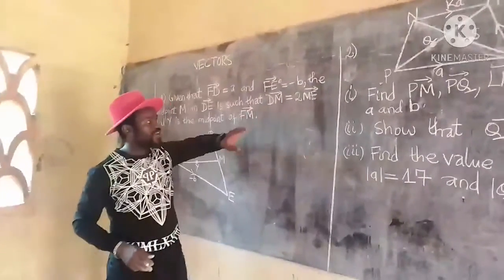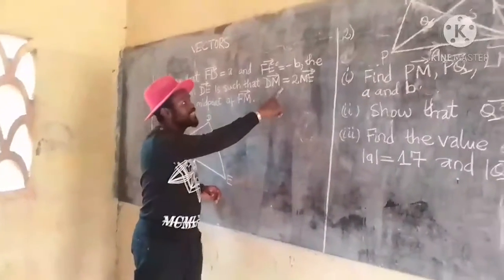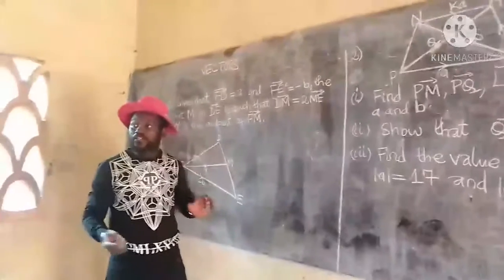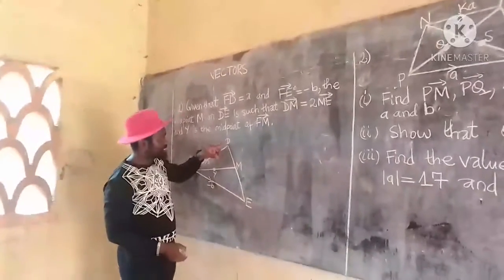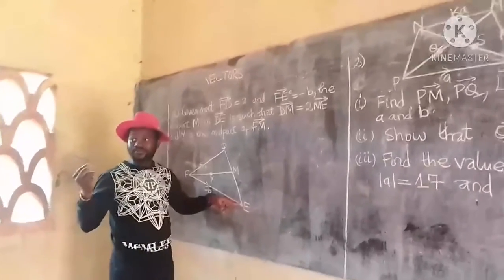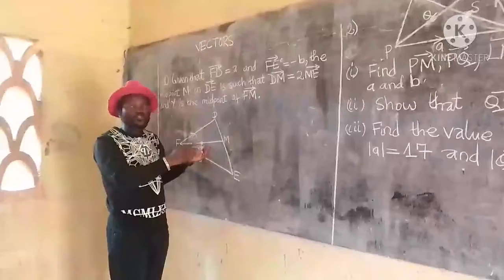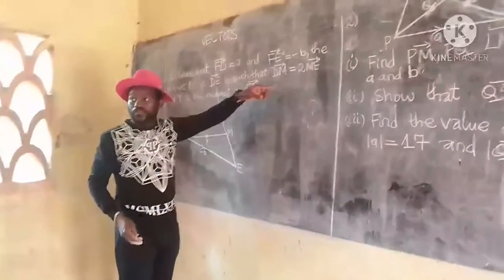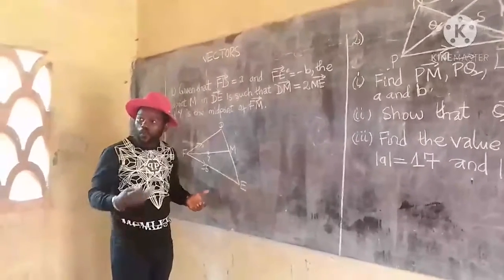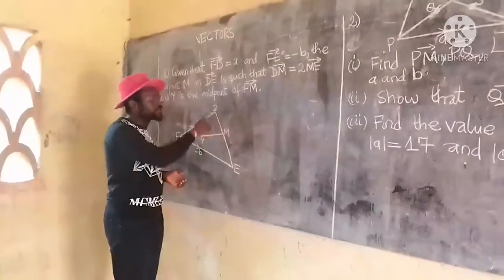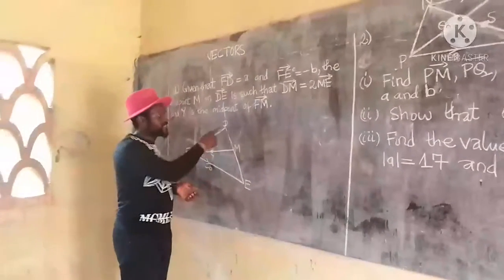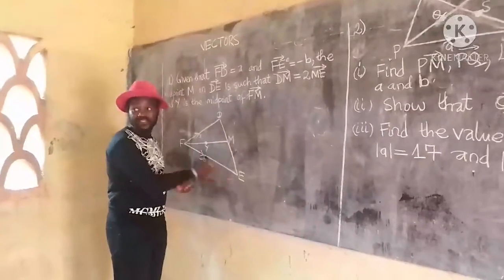So when you take ratios into account, you see that DM over ME will give you 2 over 1. So dividing this line segment DE into 3, 2 parts of it goes to DM. So DM is 2 over 3 of DE.